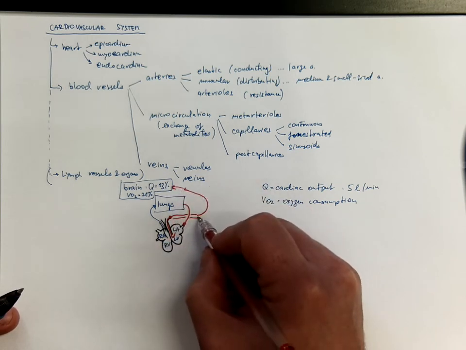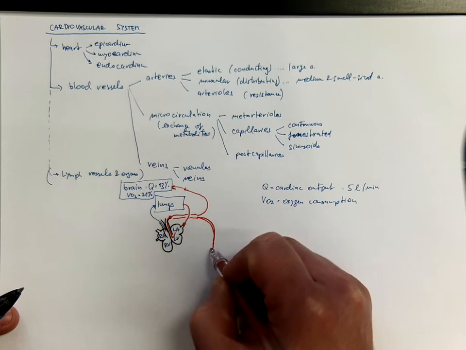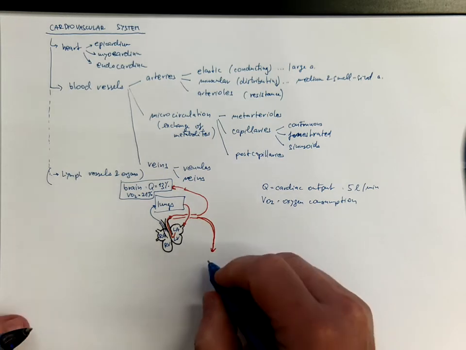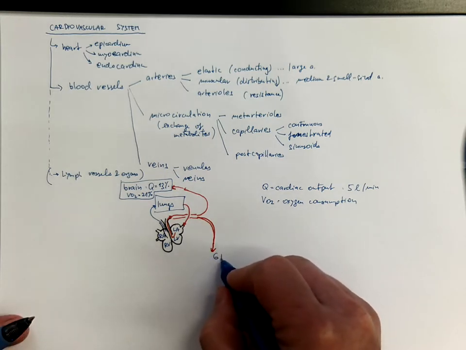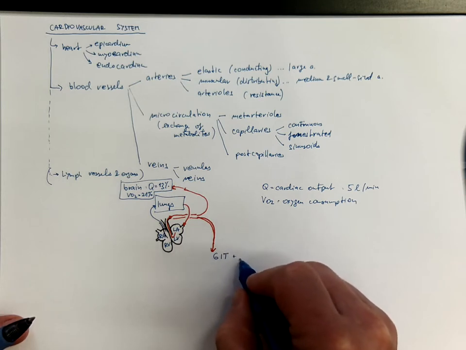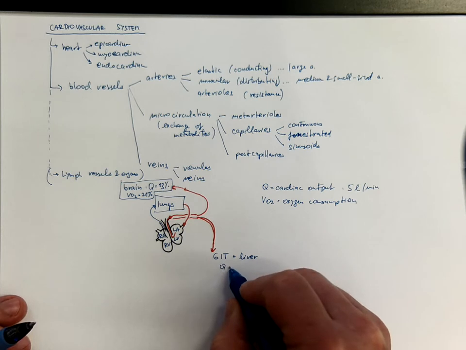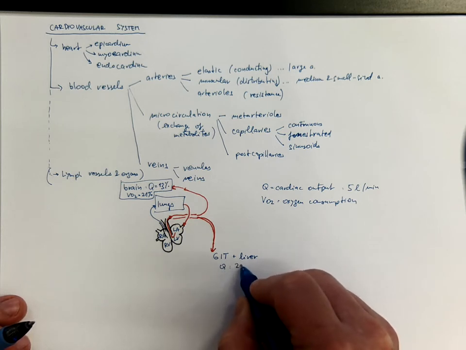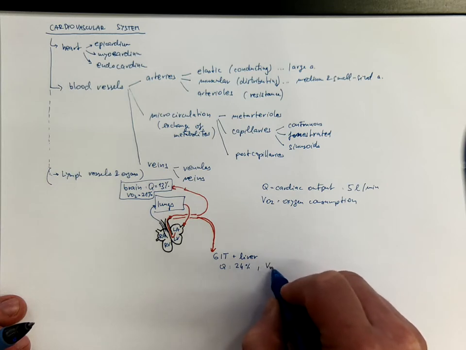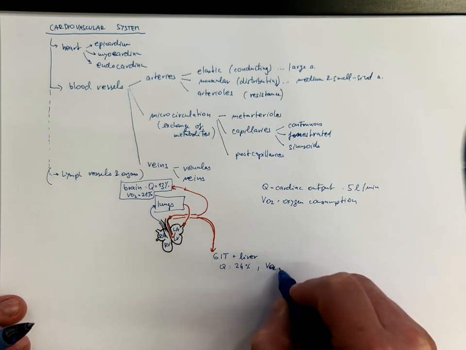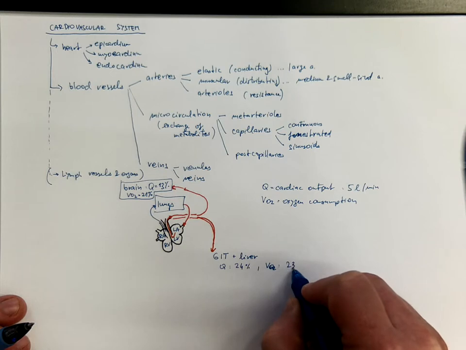Okay, the rest of the blood goes to the body and supplies the gastrointestinal system, including the liver, with approximately 1/4 of the cardiac output and the corresponding oxygen consumption.